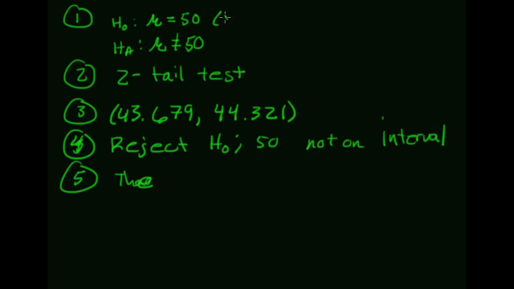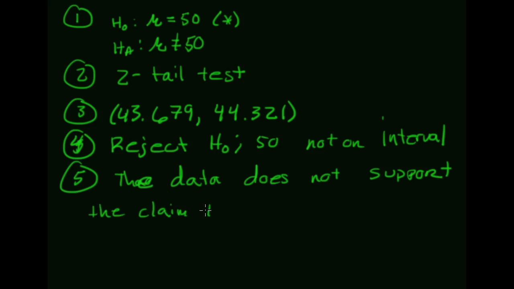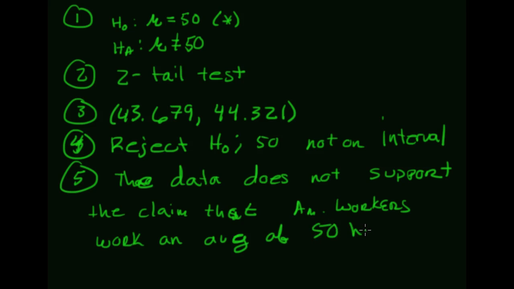Remember, in each of these problems, the null hypothesis is the claim, so the data does not support the claim that American workers work an average of 50 hours per week. All right, so that's the second situation. Let's look at the third one.